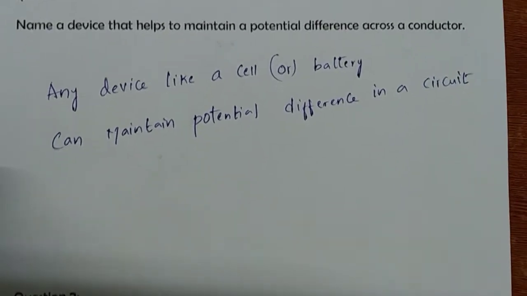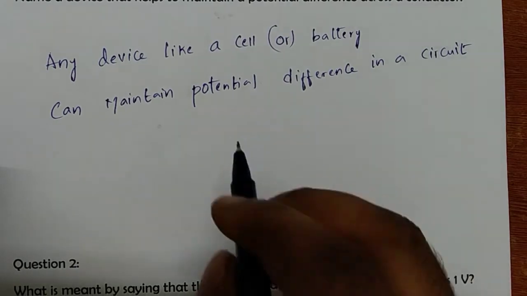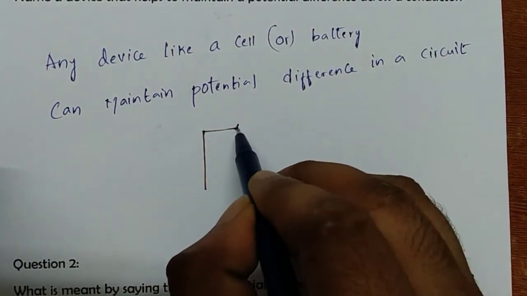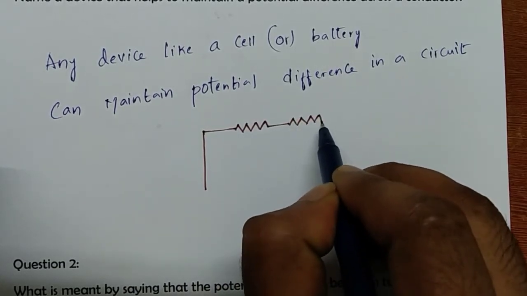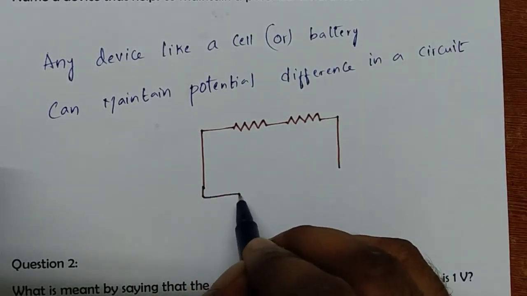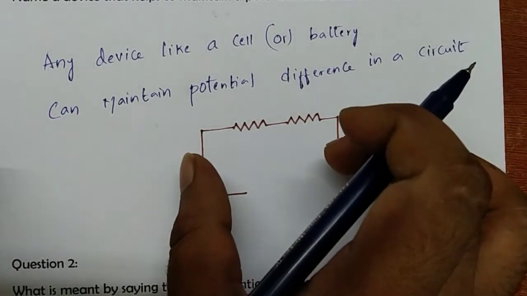We have already seen so many circuits. I'm going to draw a circuit here. It has resistors R1 and R2, and to complete this circuit, I need a voltage source so that it can maintain a potential difference.